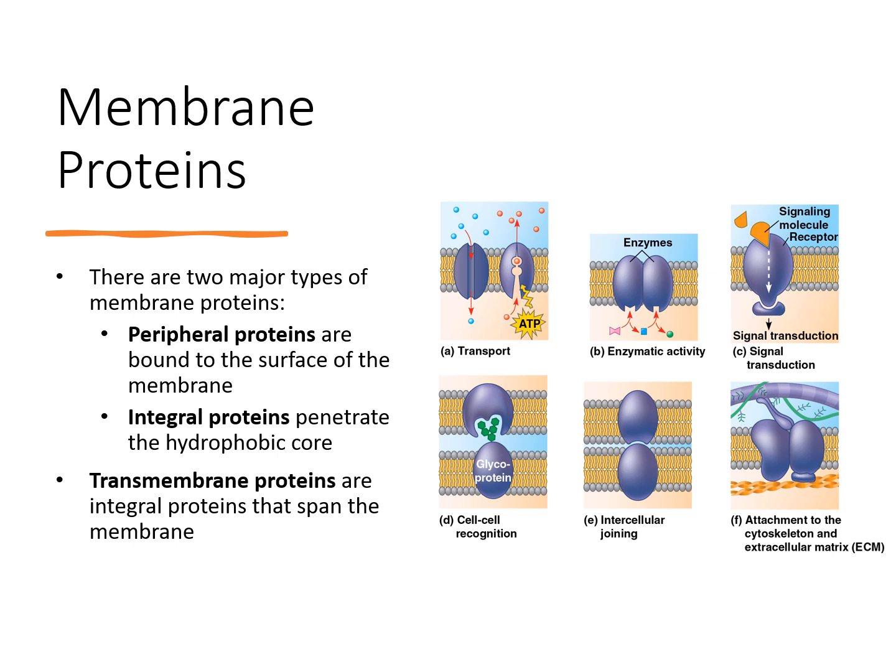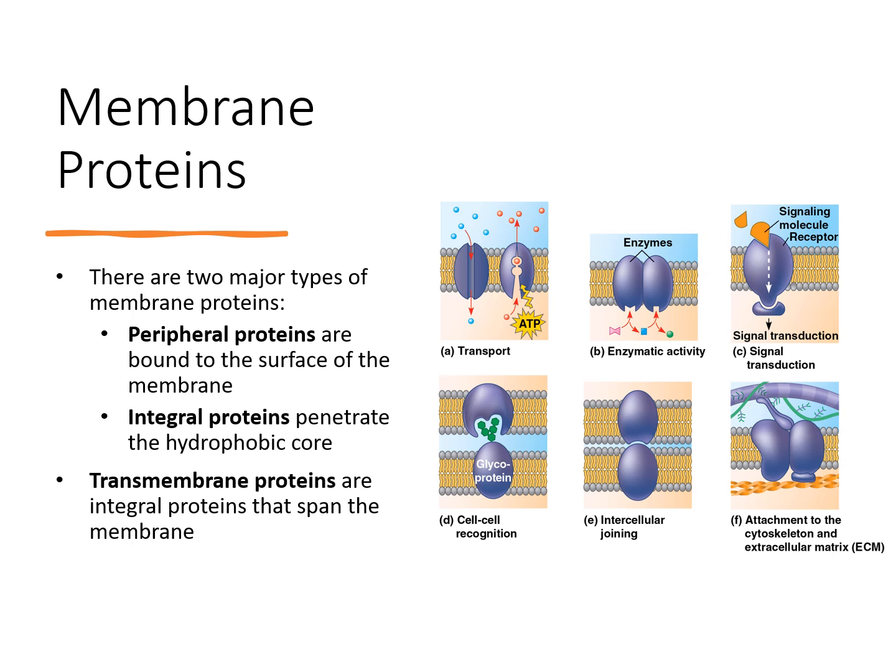Okay, and as a reminder, we have two major types of membrane proteins. We have peripheral proteins that are bound to the surface of the membrane, but they're not actually in the membrane, and integral proteins that penetrate the hydrophobic core, meaning they go all the way through or partially through the membrane. Transmembrane proteins are proteins that span the membrane all the way through from one side to the other.